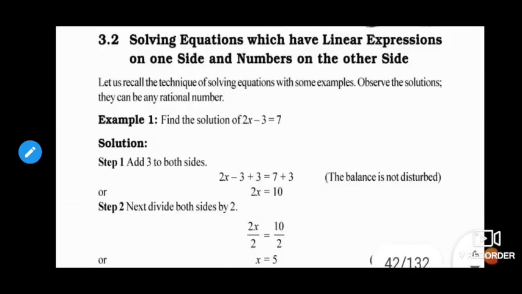Here I'll show you an example, children, of how we can solve a linear equation. Just now I told you LHS, RHS, single variable, single answer. Now I'll show you how we can do it.